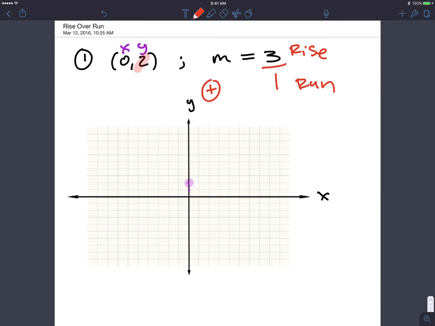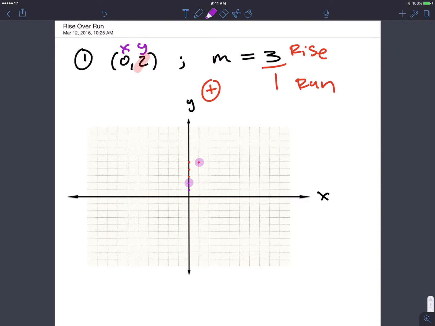I'm going to go up 3 since 3 is positive. 1, 2, 3 units. And don't forget, we go up 3 units from the y-intercept value that we just plotted. We now have a run of 1, which means go to the right 1 unit. This will be the location of the second point.